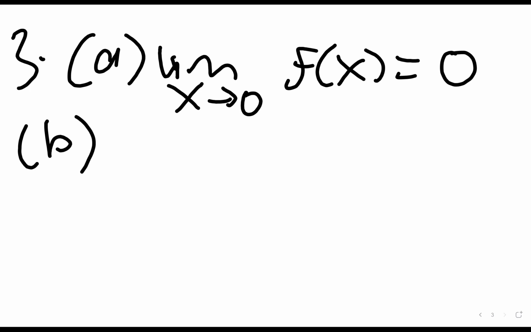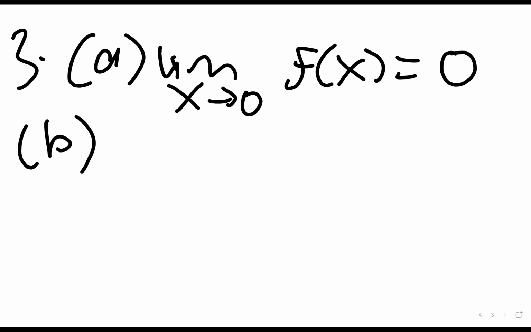The limit is, if I move x close to 1 there, then the value of f is close to, when x is equal to 1, then the value of f is close to 2 or 1.